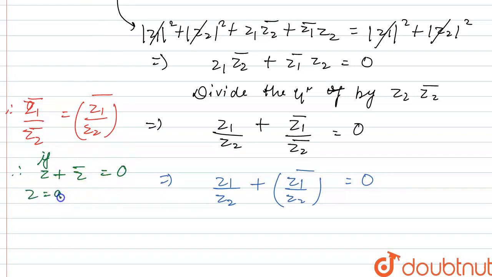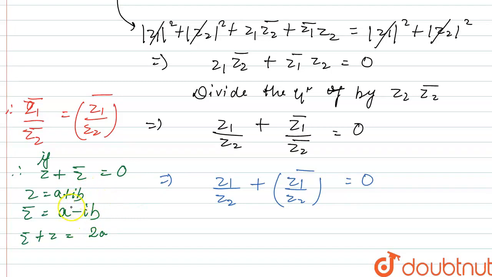So let's say z is in the form a plus iota b, so obviously z bar, the conjugate of this number, will be a minus iota b. Now the sum z plus z bar will be equal to 2 times a, since the imaginary parts will cancel each other.